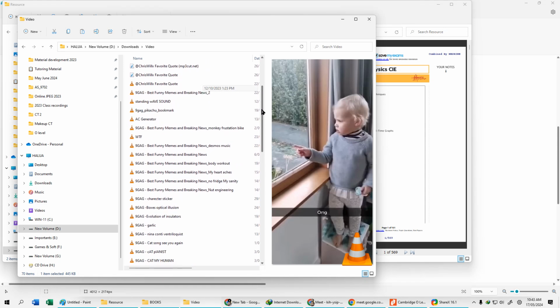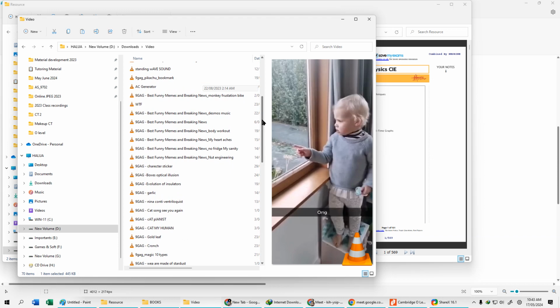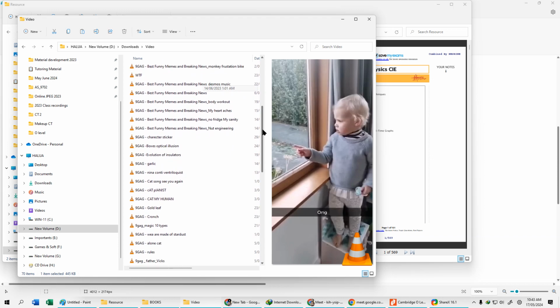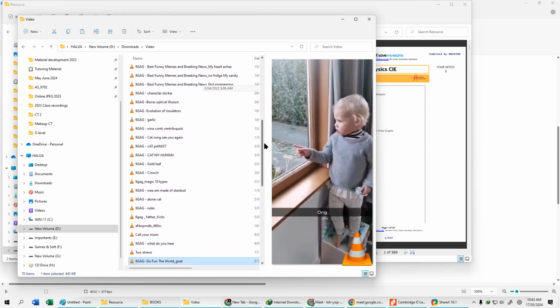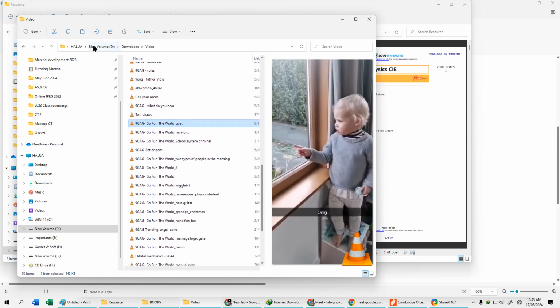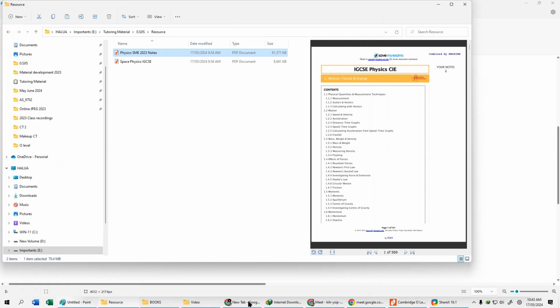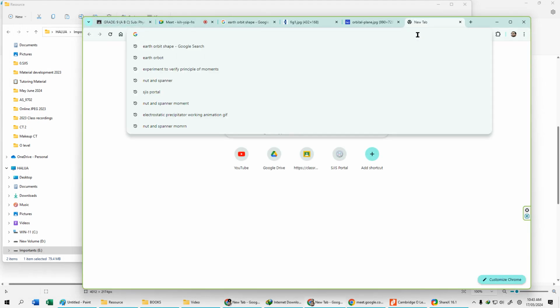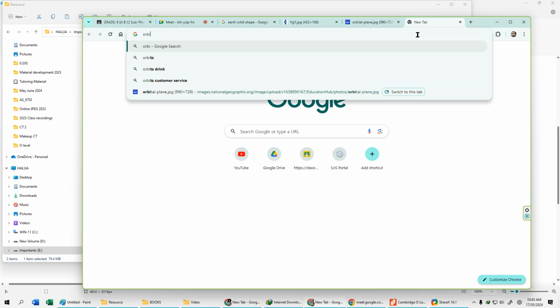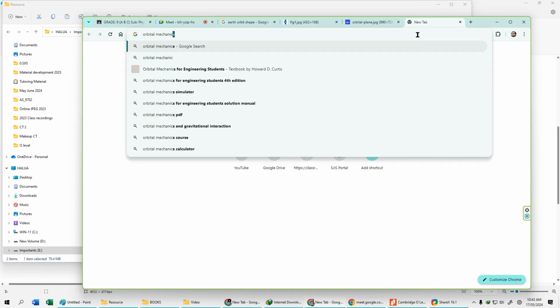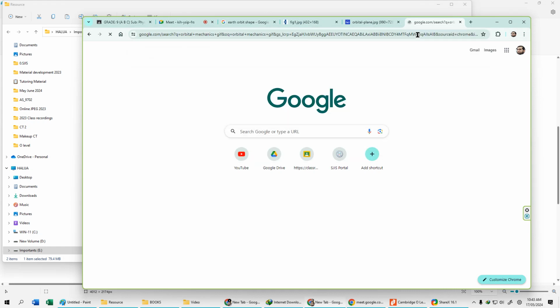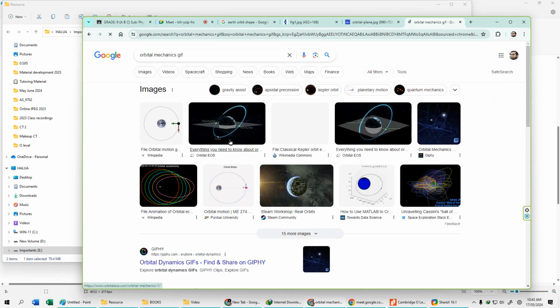Actually, let me just find it on the internet because I can't seem to find it in my PC. So I'm just going to write orbital mechanics GIF. Should I give videos?